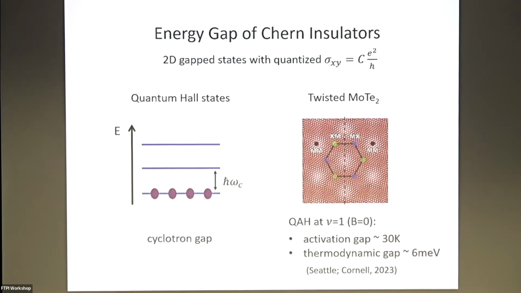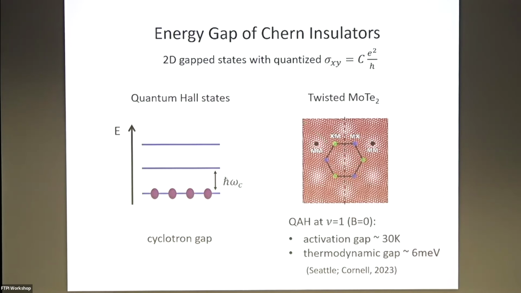These have quantized Hall conductivity, which I can write as C times e squared over h, and C is the ground state Chern number. In the case of Landau levels in the magnetic field, when a Landau level is completely filled, we get an energy gap, which is a cyclotron gap. This energy gap sets the energy scale for observing the quantized Hall effect discovered by von Klitzing, who is in the audience.